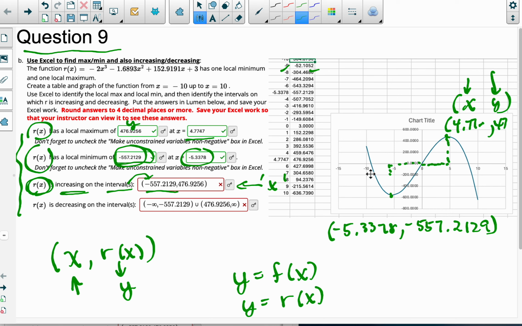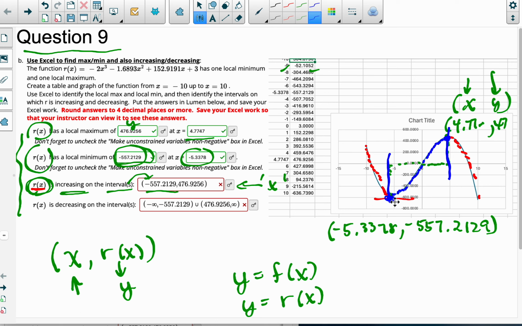this means it wants to know the x values. So if I look at my graph here, and I want to say what is the function increasing on? Well, here it's decreasing, decreasing, neither increasing nor decreasing at my minimum. Now I'm increasing, increasing, all the way up to my maximum value. And then I'm decreasing. When I want to find the interval, I want to find what x values make the function values increasing.